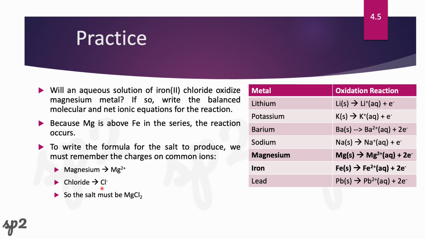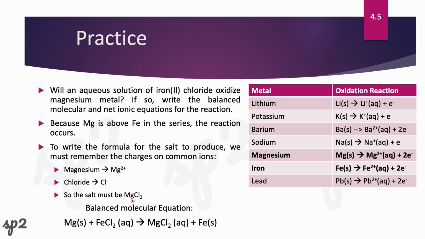So your salt is going to be MgCl2, magnesium chloride. I can write out my balanced molecular equation as my Mg, magnesium, reacting with iron 2 chloride, and is producing magnesium chloride and iron. Okay, so this is going to be my molecular reaction. Now follow me on the next page for the net ionic equation.